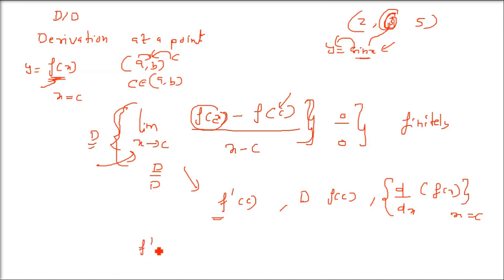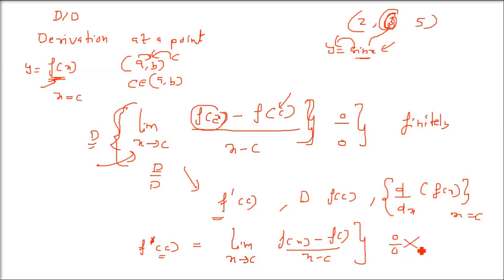So f'(c) is the limit as x tends to c of (f(x) minus f(c)) divided by (x minus c). When this is 0 by 0 and we are able to show that it exists, with no indeterminate form, then we say this is the derivative.